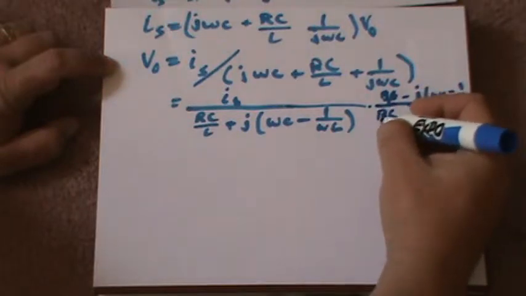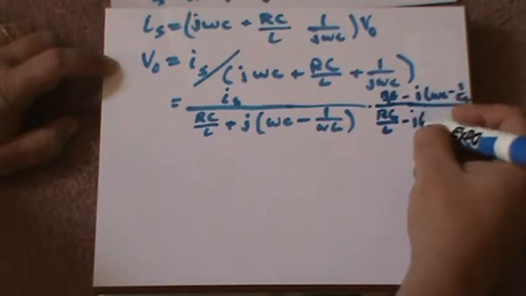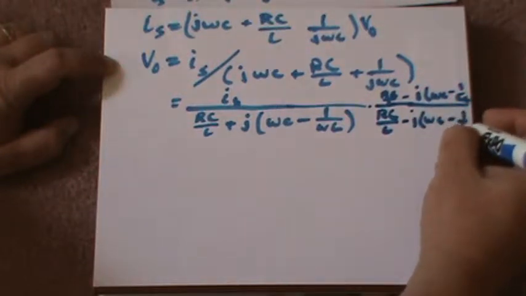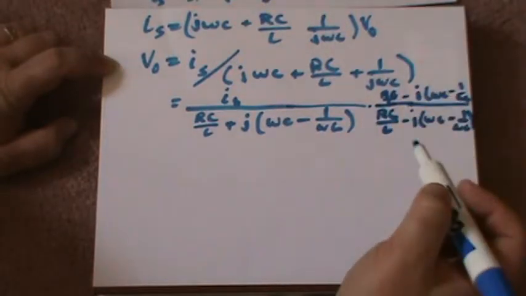And same thing, top and bottom, RC over L minus j times omega C minus 1 over omega L. So same thing, top and bottom, that's therefore 1.